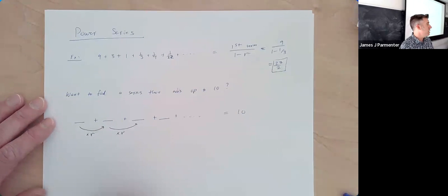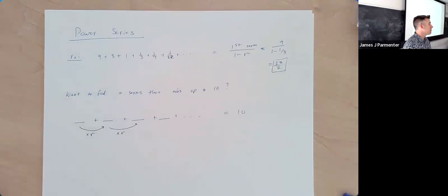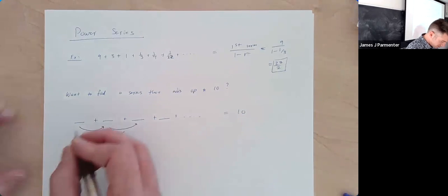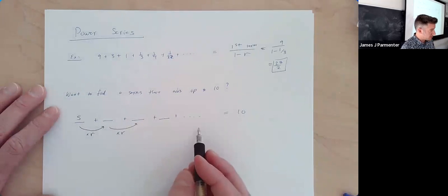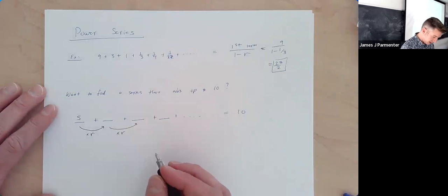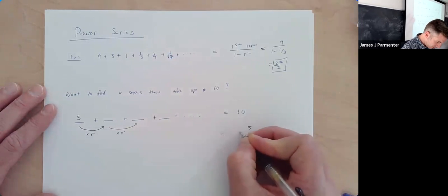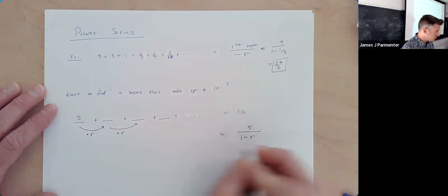So pick any first term you like. Maybe I should pick a term less than 10. I'm trying to make it easy on myself, so I'm going to pick 5. If this is a geometric convergent series, then it's going to add up to 5 over 1 minus my ratio.